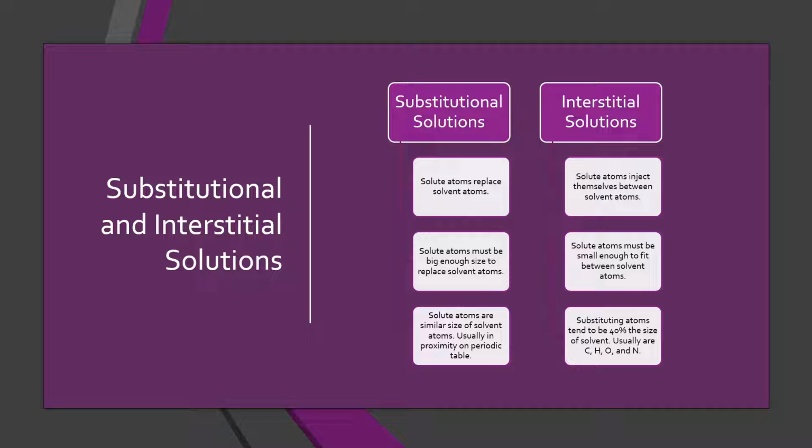Atomic size should be about 40% the size of the solvent atoms, in order to fit in between those crevices, and tend to be carbon, hydrogen, oxygen, and nitrogen. I say this because carbon, hydrogen, oxygen, and nitrogen are all relatively small atoms and are also very abundant, so they usually make their way in between solvent atoms.